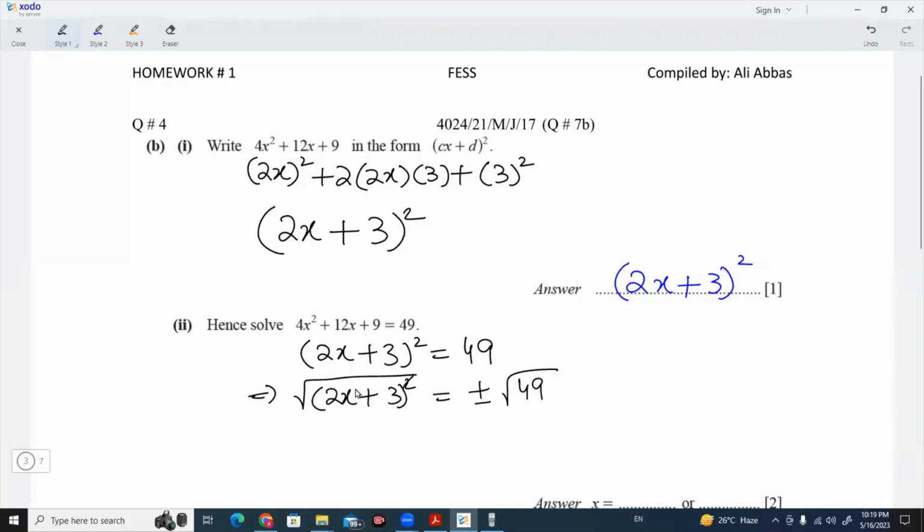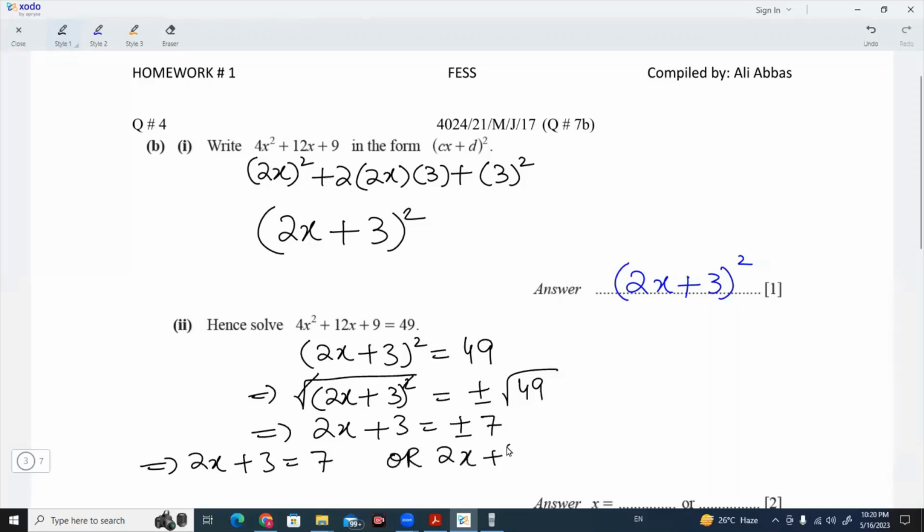So 49 is a perfect square. It's the square of 7. So we can write down 2x + 3 equals plus minus 7. One time we take 7 as positive, so 2x + 3 equals positive 7. Or for the second time, 2x + 3 equals negative 7.